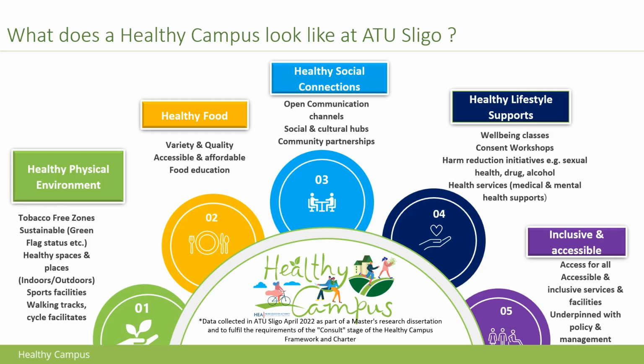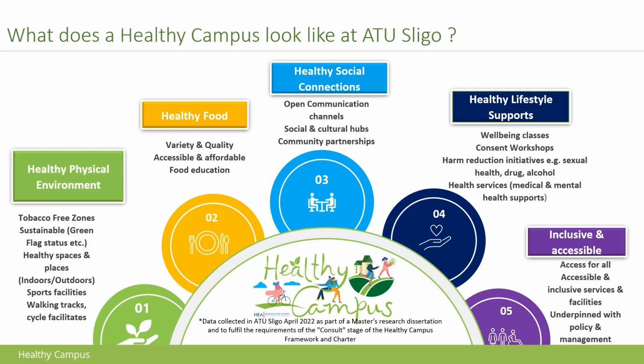And again, are we including staff in that particular service? Probably not. So it is something to think about when we look at healthy lifestyle supports. And then the final one, what do people mean by it must be inclusive and accessible?